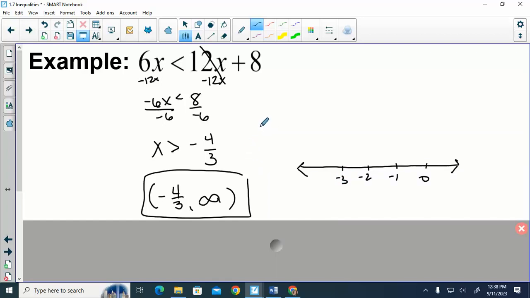We're instead going to use parentheses or brackets, just like we do for the interval notation. So this starts at -4/3, so that's like -1 1/3. And instead of putting an open circle, I'm going to put a parenthesis, and then it goes forever in the positive direction. So notice I just curve my parenthesis the direction that my line is going.